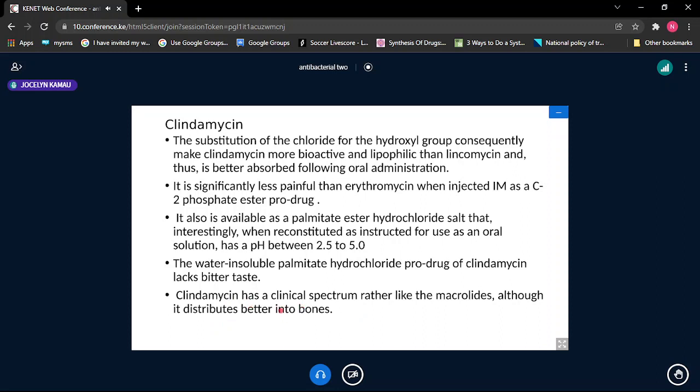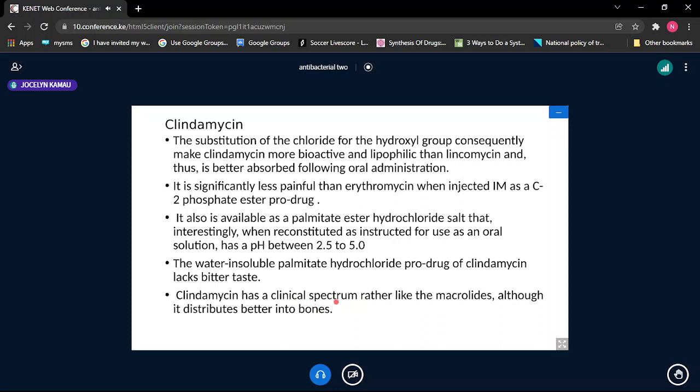So even its distribution, even its spectrum of action, because the spectrum of action, of course, is dependent on the mode of action, and also dependent on the physical chemical properties of that drug. So it looks like they have similarities in their physical chemical properties.